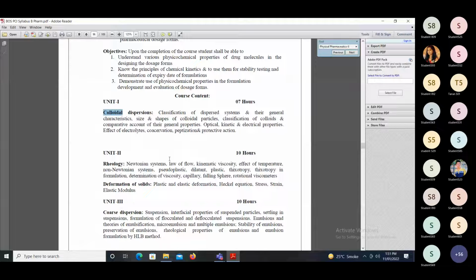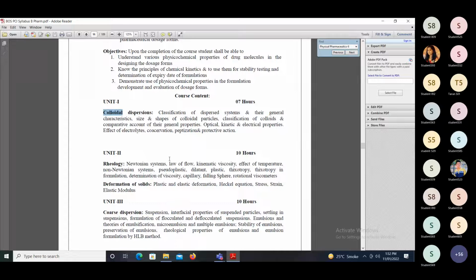Optical properties. We are going to discuss the different types of properties like the Tyndall effect, how light rays pass through the colloidal dispersion and what type of mechanism takes place, and that is observed by using different types of microscopes, like the electron microscope, ultramicroscope, or light scattering microscopes.